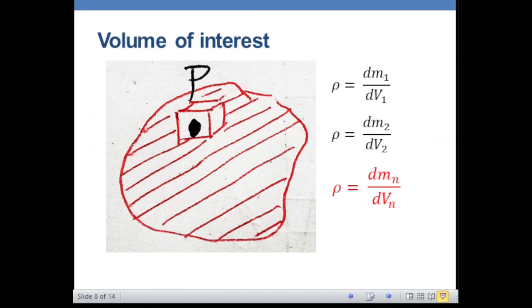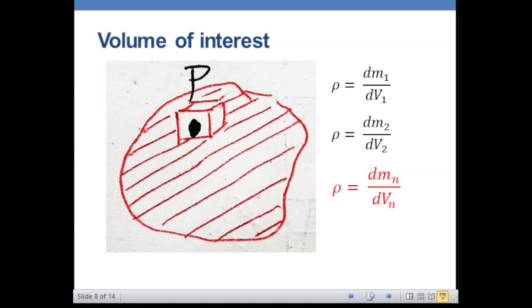Now, looking back at the volume, if our initial density is expressed as dm sub 1 over dv sub 1, and we enlarge that, the density will be dm sub 2 over dv sub 2.